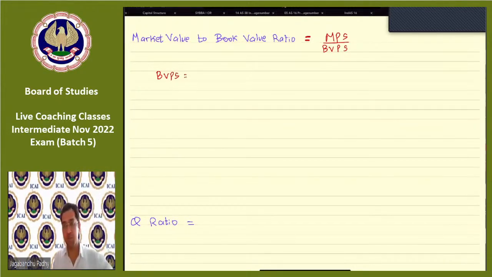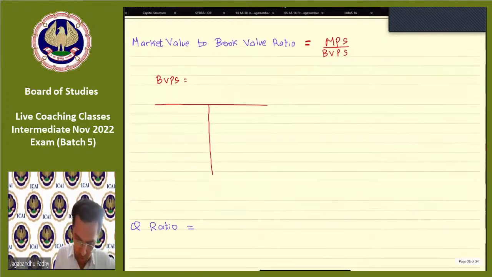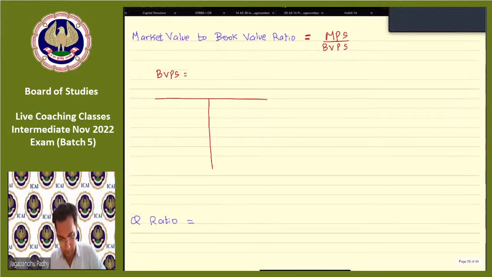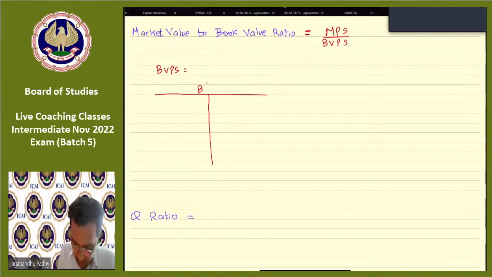Book value per share. So for that, let me just put up a balance sheet in front of you guys. With this balance sheet, you'll be able to understand this concept of book value per share. Let's say in this balance sheet, the company is having fixed assets and current assets. Fixed asset is 1 crore, current asset is 50 lakh.